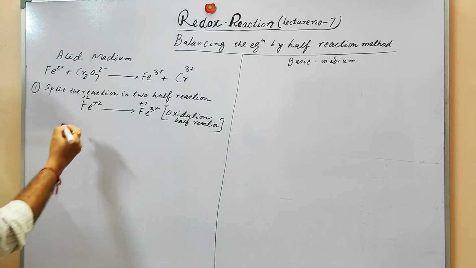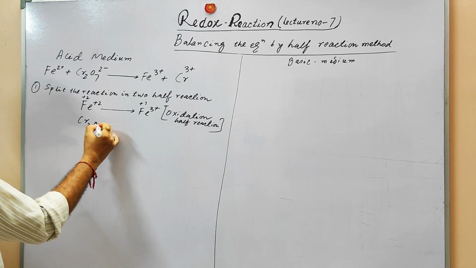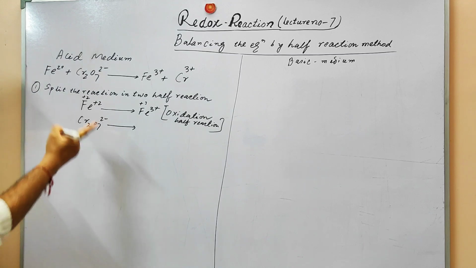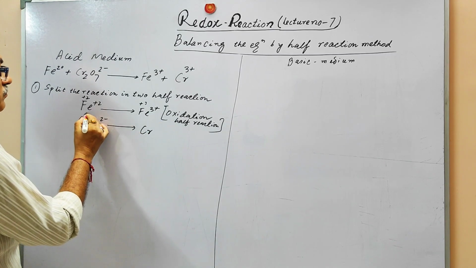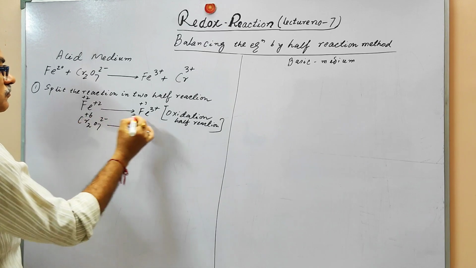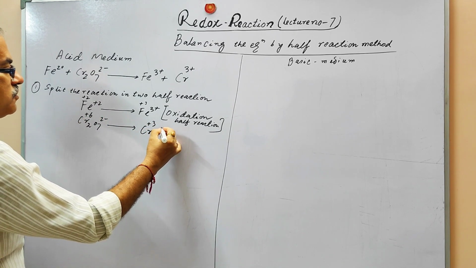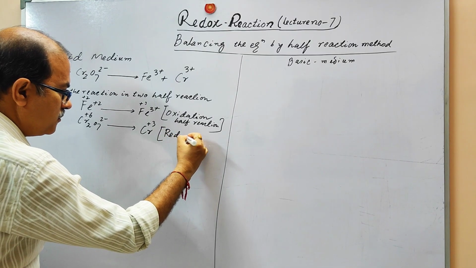Another reaction is the reduction half reaction, where the dichromate ion is converted into the chromium ion. So this is the reduction half reaction.